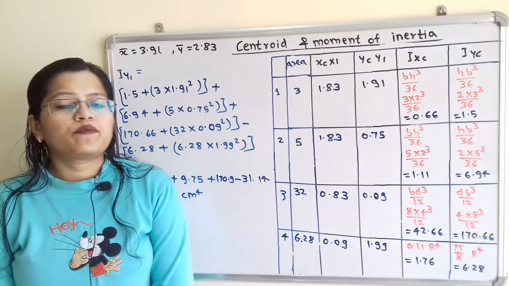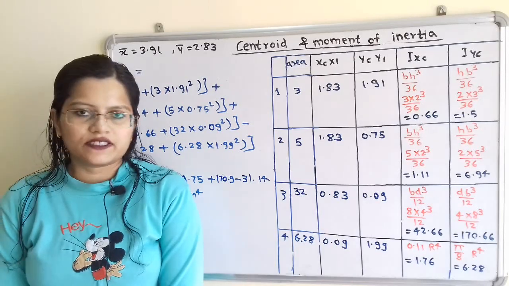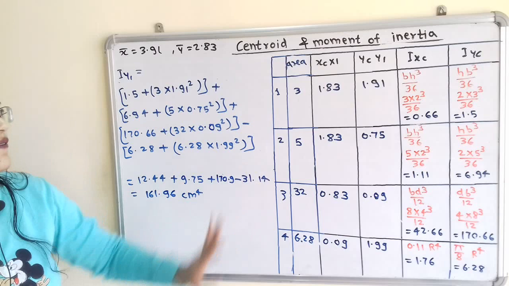Now we will calculate the moment of inertia of the shaded area along the centroidal axis y1. So we will take the reference of this table.